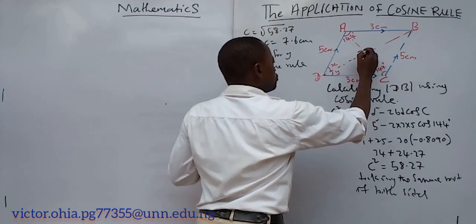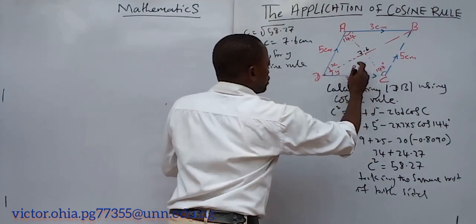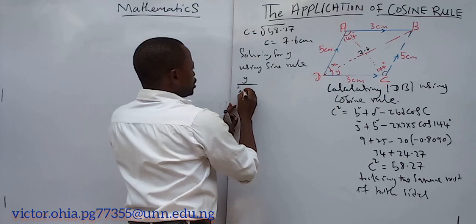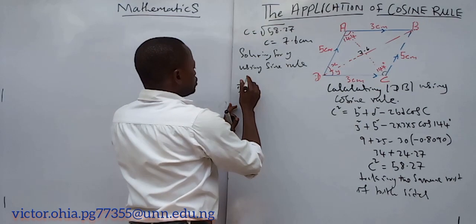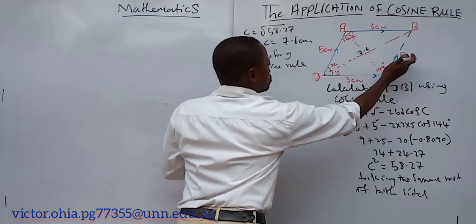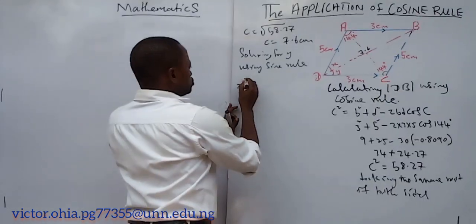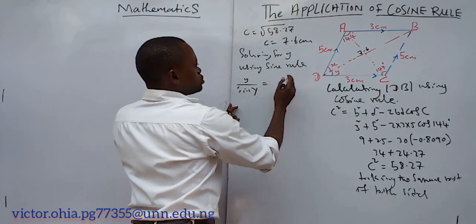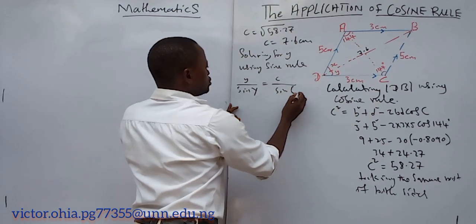So this is 7.6, available. So I can say y using the sine rule, small letter y over sine capital Y equals, this is available, small c over sine capital C.